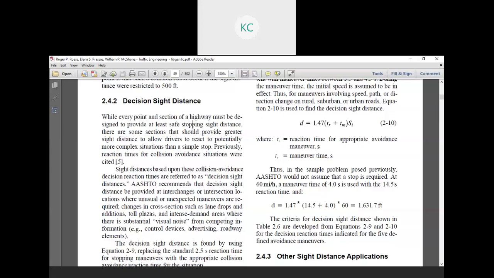So different maneuvers occur instantaneously, and the driver needs a particular kind of distance or facility to stop without any collision.